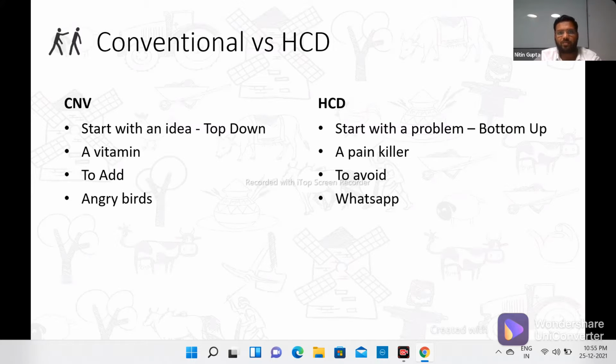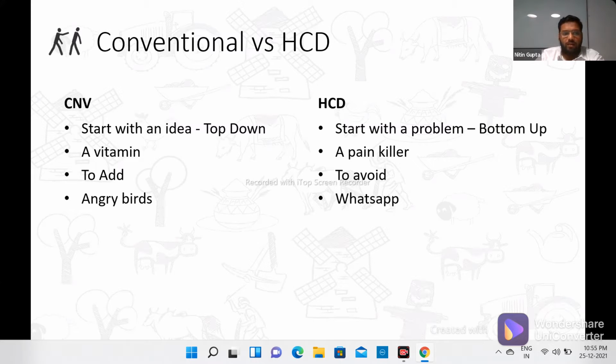Whereas whatever you solve with HCD is going to be a painkiller. And if it is a painkiller, you have to do much less work to sell your products because you're solving a problem. Even in a medical store, painkillers sell like anything. Vitamin is something optional. You buy it, it is good. If you don't buy it, still you can live.